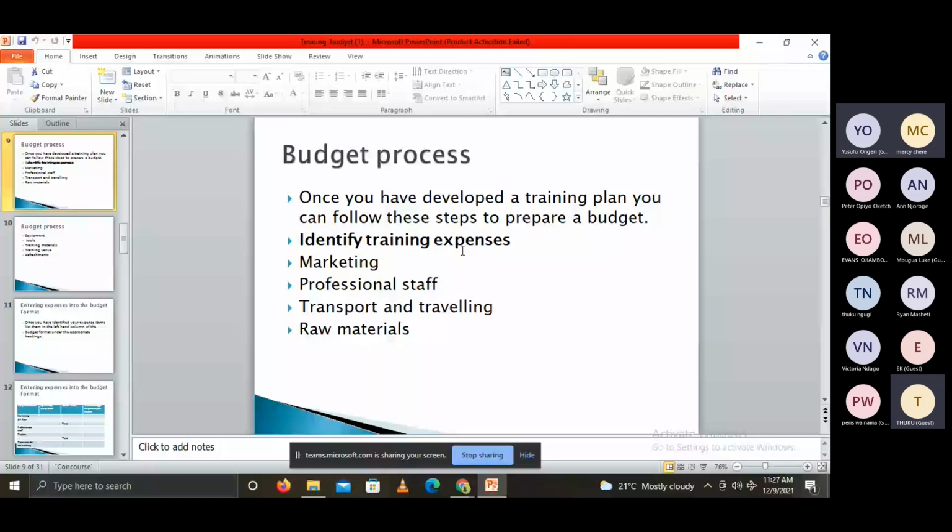So once you have developed a training plan, you can then follow a number of steps to prepare a budget. You can identify the training expenses. In most cases, this involves marketing, because you need to market your program. As a school, this is an area that we have not been doing very well, but it is very important.